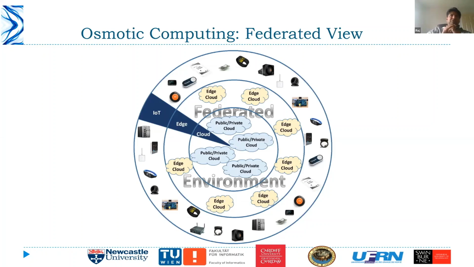Somehow osmotic computing has to seamlessly manage data and computation across all three layers, which is very challenging because all three layers are very heterogeneous in terms of computational power, networking, and software architecture. So in a way, it's a distributed system of systems, and it becomes very challenging to manage data, applications, and resources across those layers.